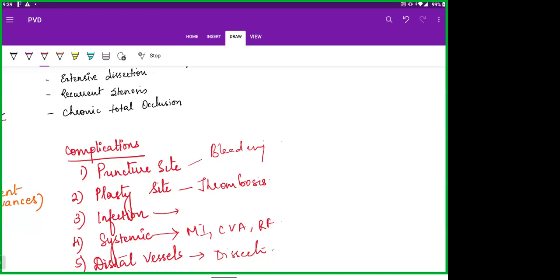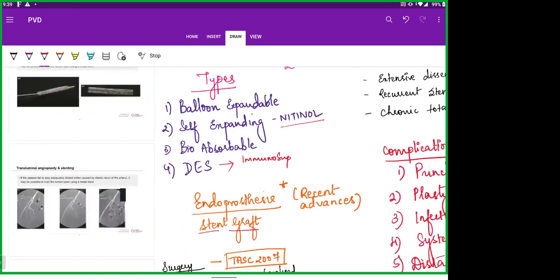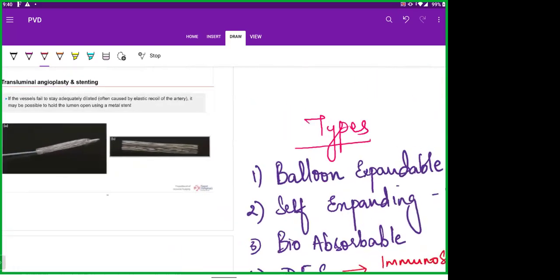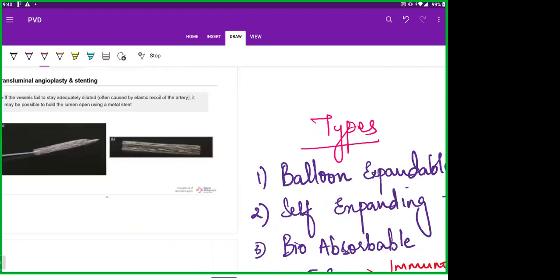It has to be flexible and pliable to be delivered inside and to get attached to the wall, but it is mechanically powerful. A graft on the other side is a non-porous structure, but doesn't have the power of a metal. So when you combine the strength of the metal with the non-porosity of a graft, you get a stent graft. So the stent graft, like Dr. Nithya said, has specific indications.